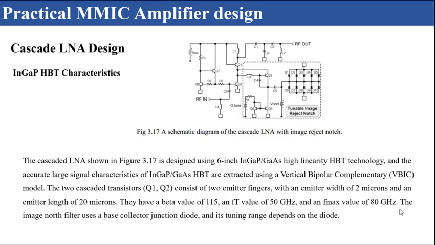The cascaded LNA shown in Figure 3.17 is designed using 6-inch gallium indium phosphide, gallium arsenide phosphide, high linearity HBT technology, and the accurate large signal characteristics of gallium indium phosphide, gallium arsenide phosphide (HBT) are extracted using a vertical bipolar complementary model.